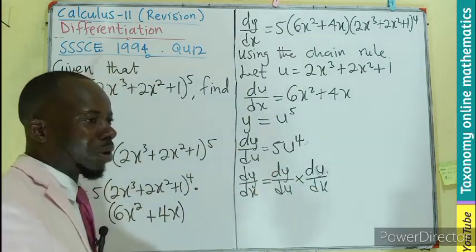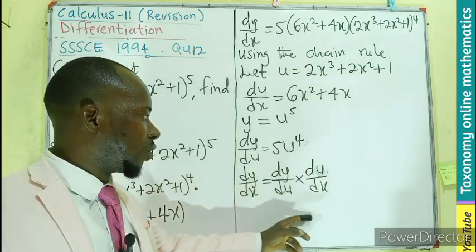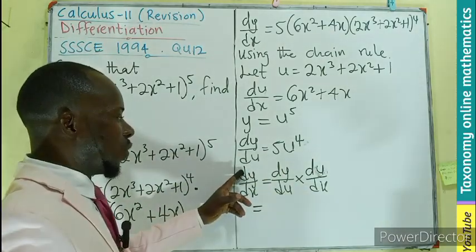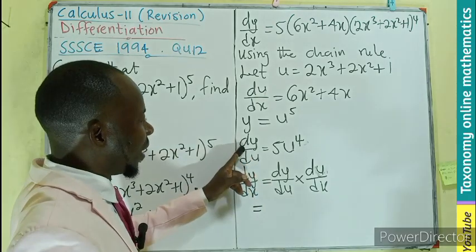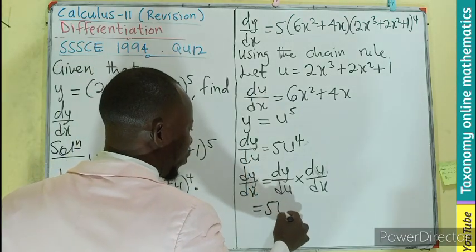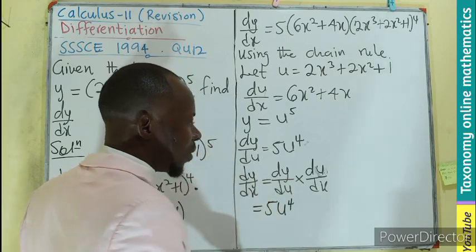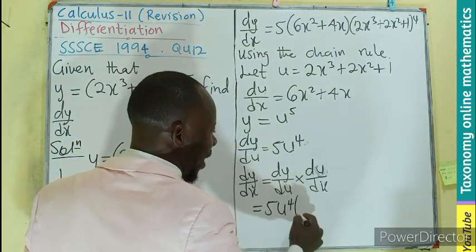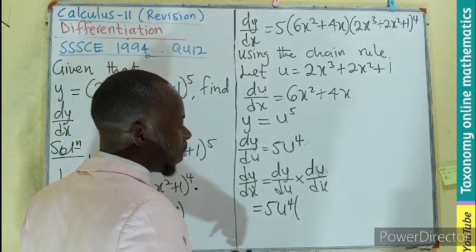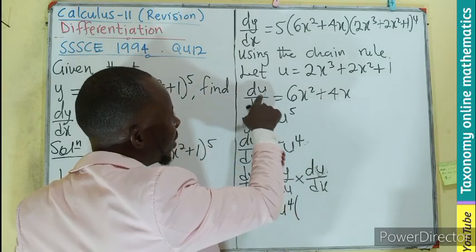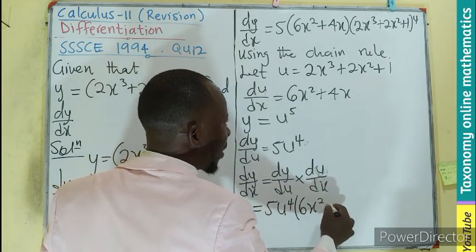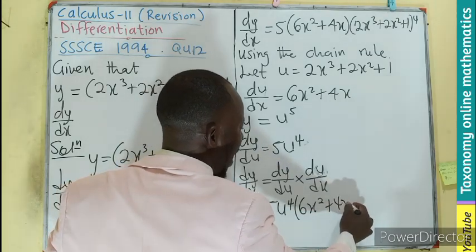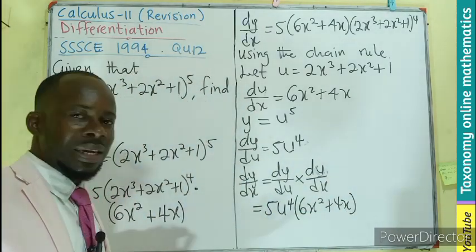So we multiply, since we already have the values. Our dy/dx becomes dy/du, which is 5u to the power 4, multiplied, you can use a dot here if you want, by du/dx, which is 6x² + 4x. That is our dy/dx.